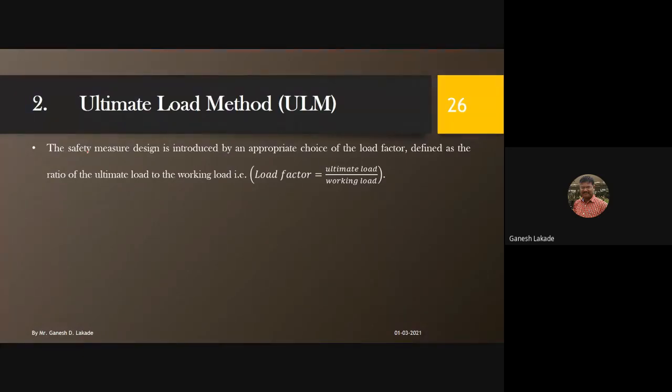Any guess? Load applied on the structure until the component fails. All loads applied on the structure, for example dead load, live load. No, that is again the working load. Working load is a combination of dead load and live load. No problem, but what will be the ultimate load?